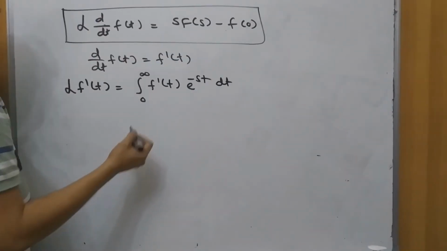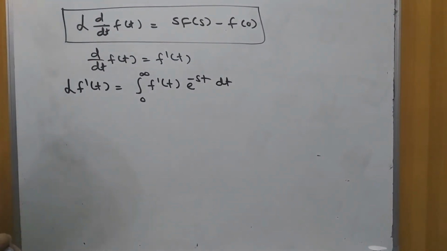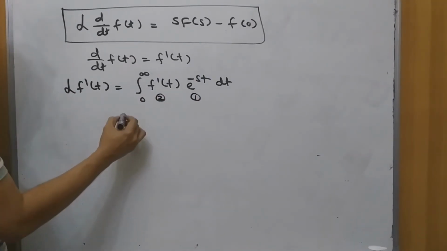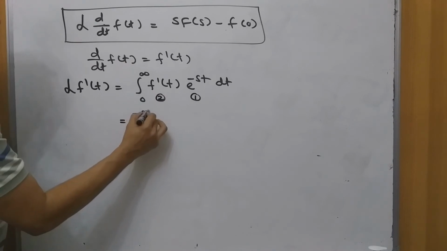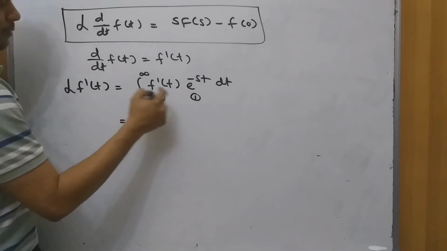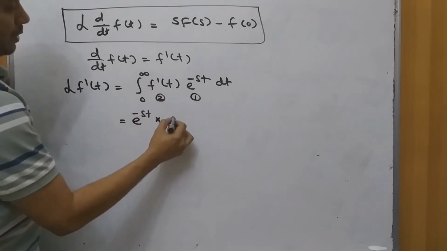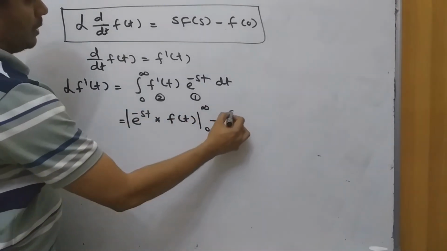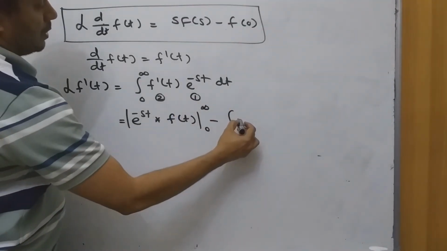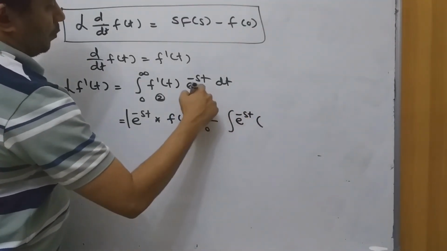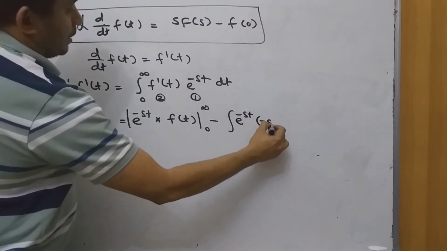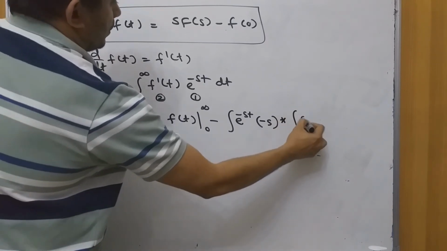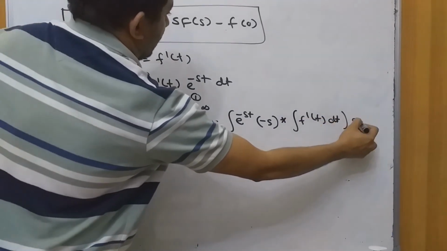Now we can do integration by parts, keeping this as the first function and this as the second function. If you do that, we get the first function, e raised to minus st, into the integration of f dash of t, which is f of t, within the limits 0 to infinity, minus the integration of the derivative of the first, which means e raised to minus st. We are differentiating this, so we will get minus s multiplied by the integration of f dash of t with respect to dt.